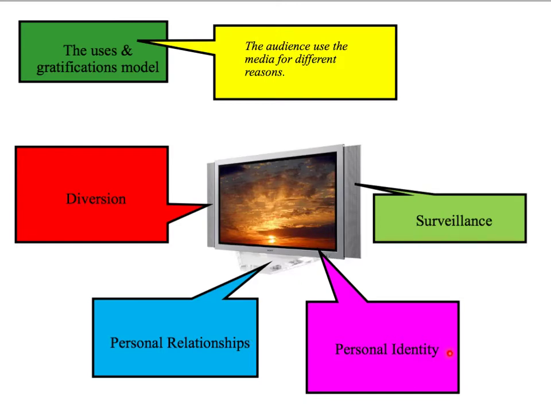Thirdly, we've got personal identity. So this is where people will use the media to compare their lives with the characters and situations on TV to explore their own personal problems and issues. And then fourthly, we've got surveillance, which is where the media is used as a way of gathering information about what's going on in the world.